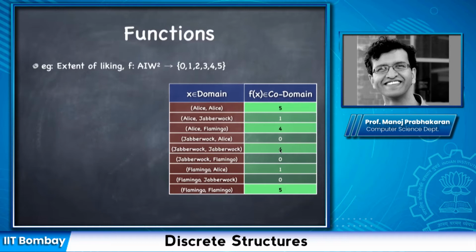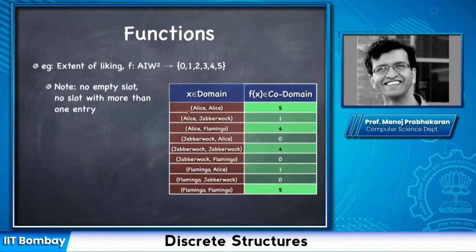Let's use this table to say what exactly a function should look like. Every element in the domain, in this case the cross product of the characters in Alice in Wonderland with itself, AIW cross AIW, where AIW is the set Alice, Jabberwock, and Flamingo.